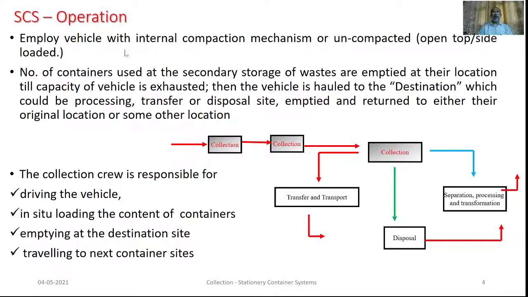So, as far as operation is concerned, this system employs a vehicle with an internal compaction mechanism, or it could be just an open top or side loaded vehicle which may not have that compaction mechanism. As the vehicle approaches the first collection site, the container will be picked up and emptied into the vehicle.